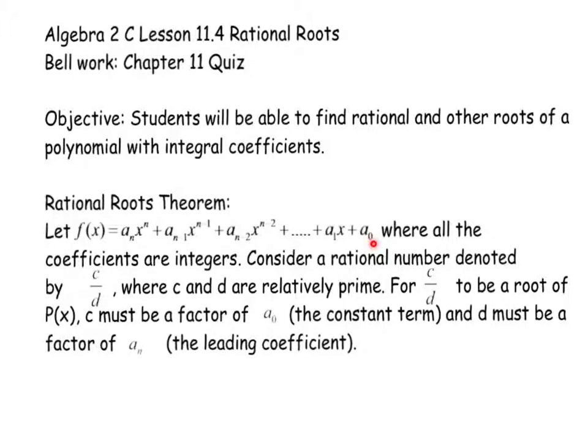Consider a rational number denoted by c over d, where c and d are relatively prime. For c over d to be a root of the polynomial, c must be a factor of a_0, which is the constant term, and d must be a factor of a_n, which is your leading coefficient.